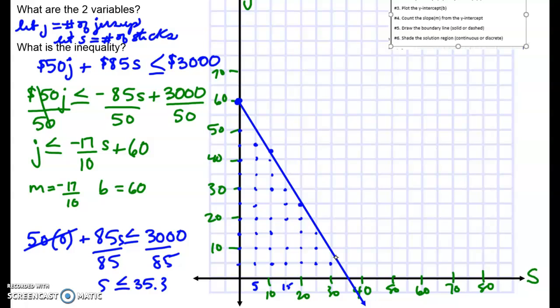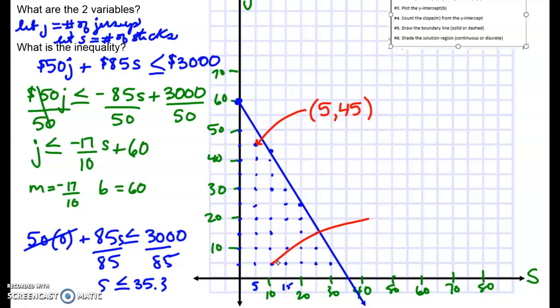So, what does this mean? The whole point of this was to find possible combinations of jerseys and sticks. So, this means that I could buy, for example, this ordered pair would be 5 sticks and 45 jerseys.